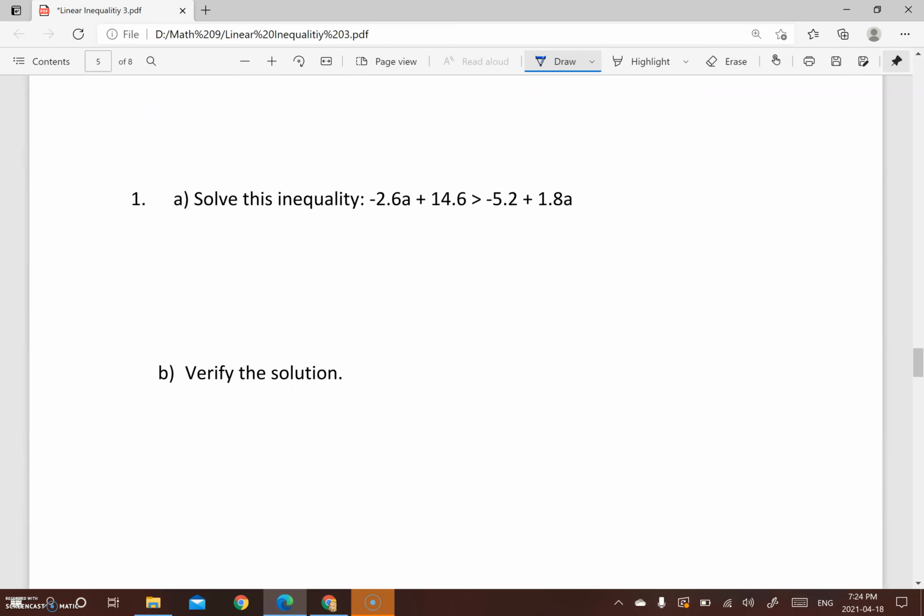All right, here we have an inequality with variables on both sides. I'm going to add 2.6a just so that my variables stay positive. And then move my number over.